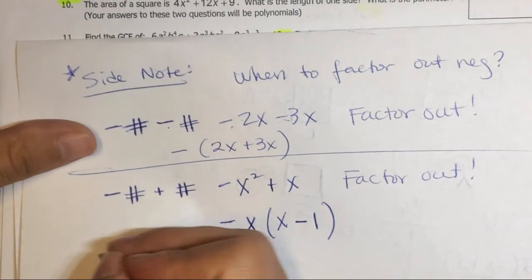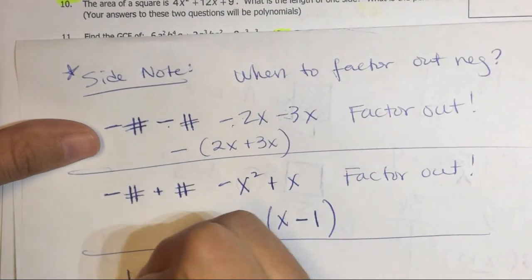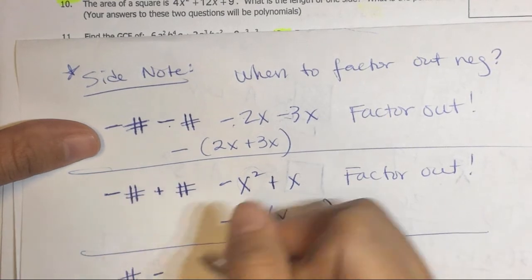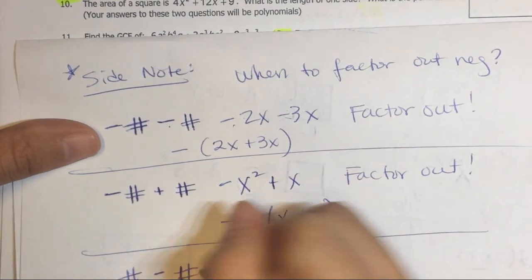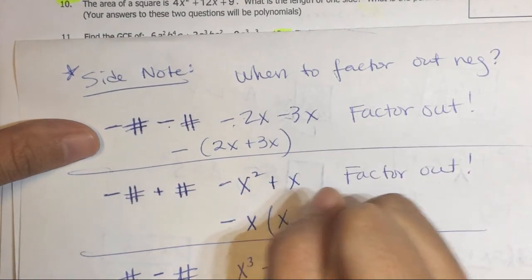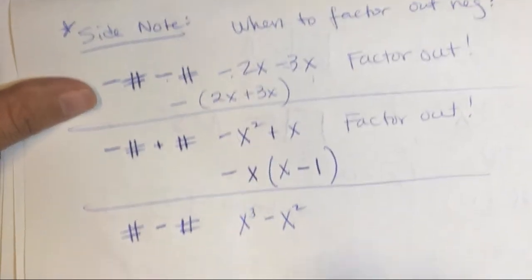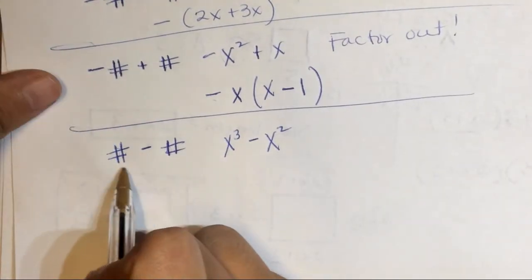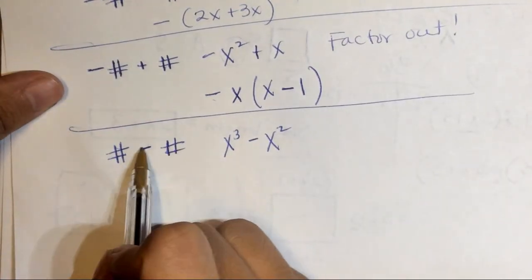The last one is if you have a positive number minus a negative number. If I had something like x cubed minus x squared, just made that up, you had a positive number minus a number.